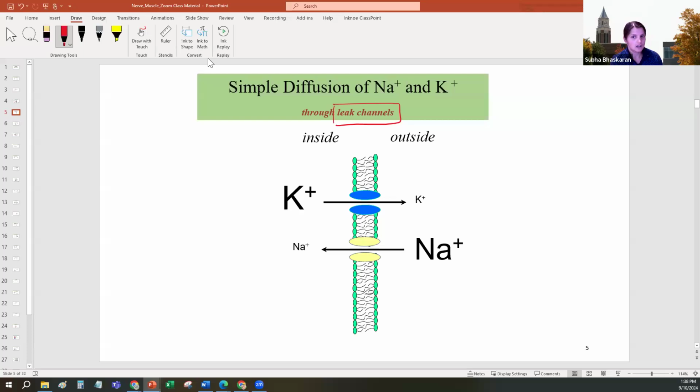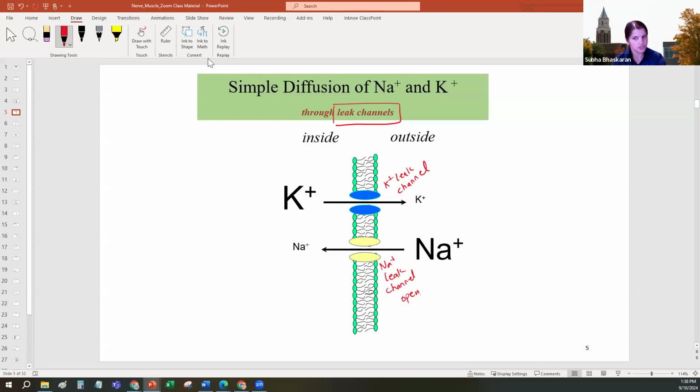So there are leak channels. Leak channels allow the movement of ions using their dedicated channels, going from outside to inside. So this is a dedicated sodium leak channel, and they are typically open. And this is a dedicated potassium leak channel, and they're typically open. What do you think they would do?